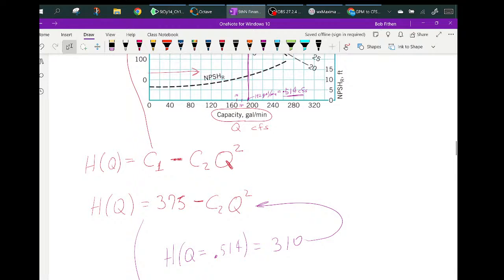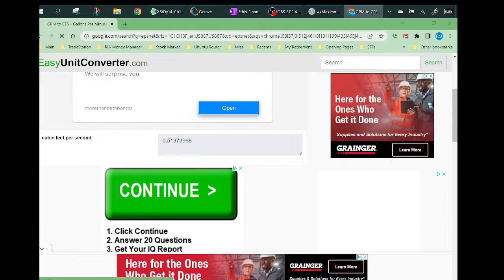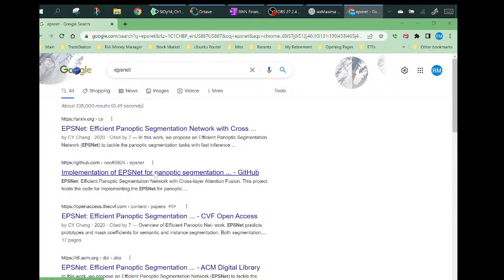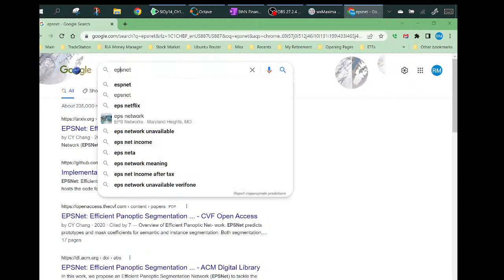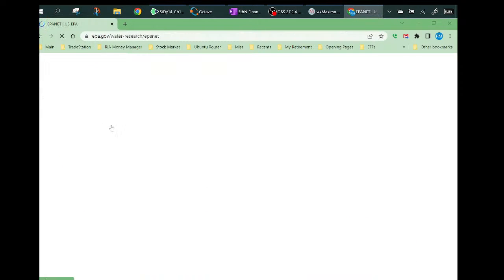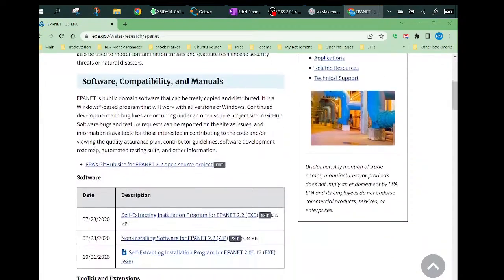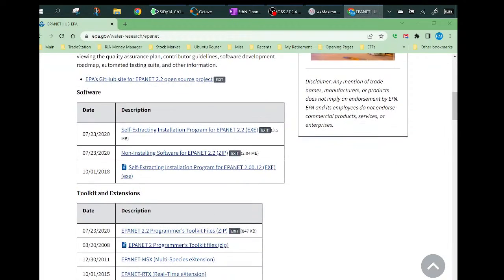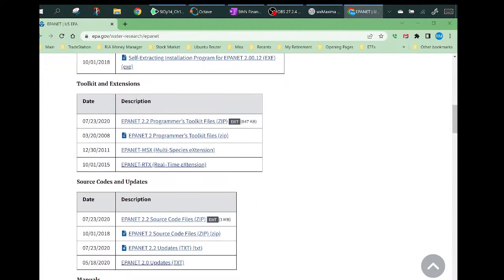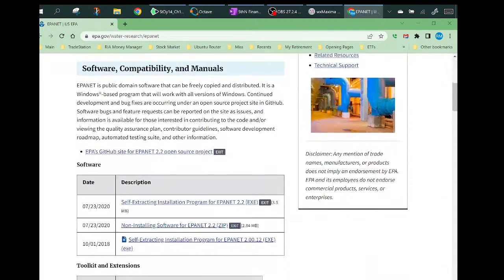Let me spend a few minutes and see if I can get you. This is a unique piece of software which actually has pump curves in it.